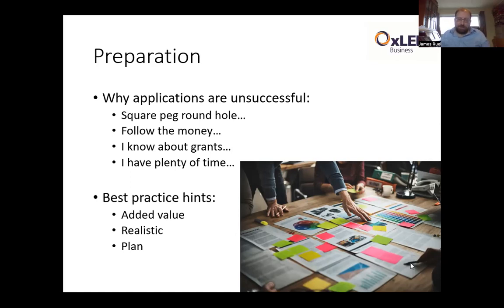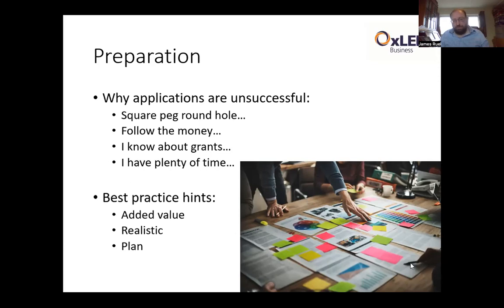Applications can be unsuccessful because people think they know all about grants. People will have submitted grant applications before, probably quite a few of them. There's a lot of grants around. OxLEP have delivered a lot of grants.